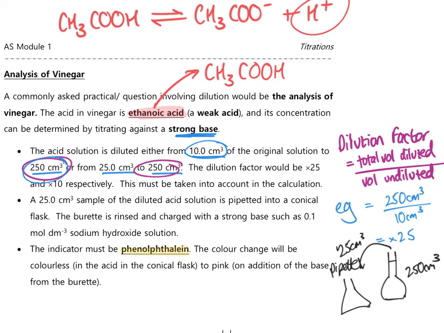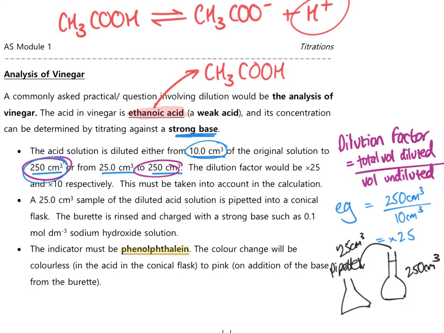Now, you obviously have to double check which solution has been added where. Because we're trying to find out the concentration of the vinegar, our ethanoic acid, that is in our conical flask because we don't know its concentration. The solution that fills our burette is our strong base, for example, sodium hydroxide.